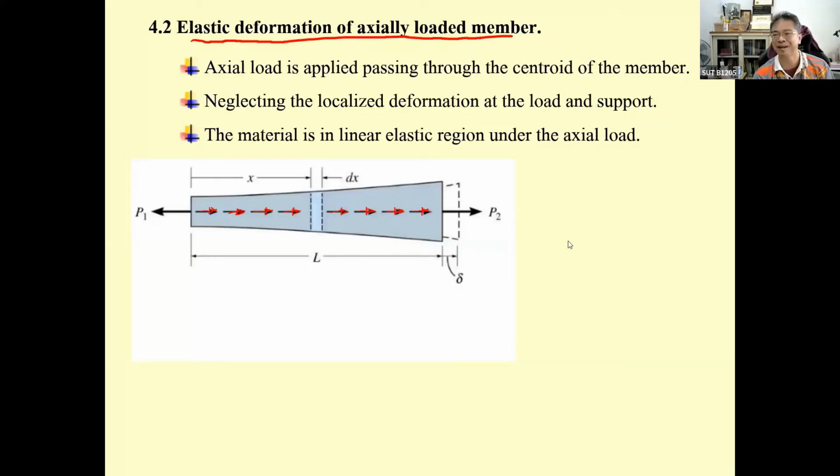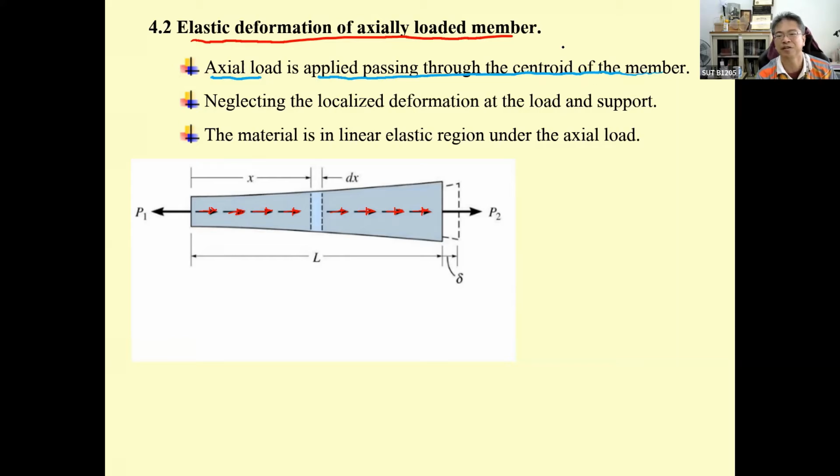That is the example that we can imagine for this kind of thing. But for the column or the tie rod, that structure has no uniformly distributed load along the length of this structure.